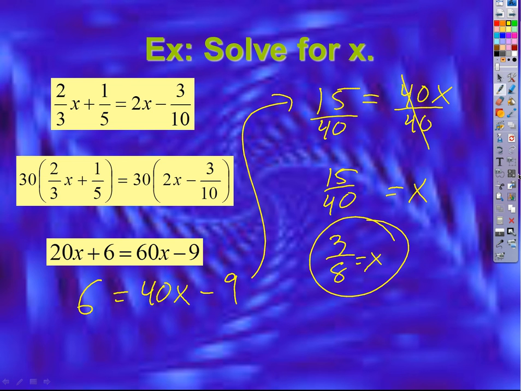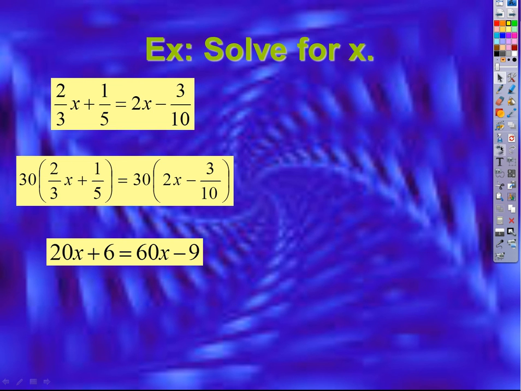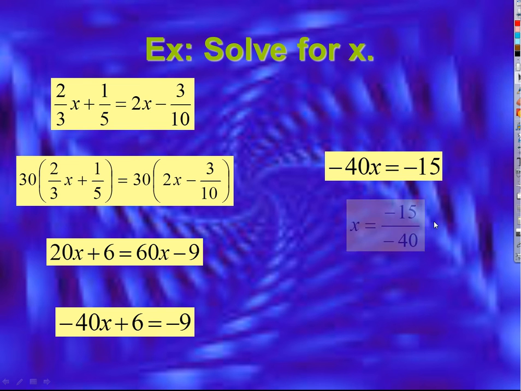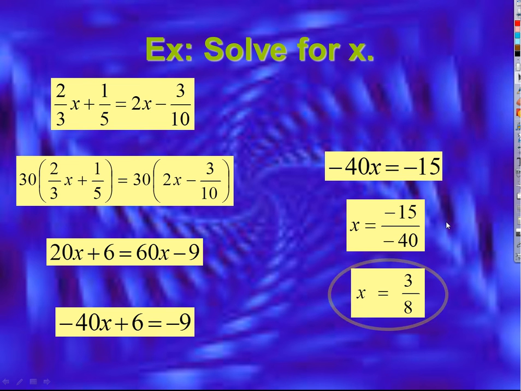Good. Okay, last thing I want to show you. Now look what they did. Because they subtracted 60x to this side, they got negative numbers in here. It's not that bad, but it's easier to deal with positives.